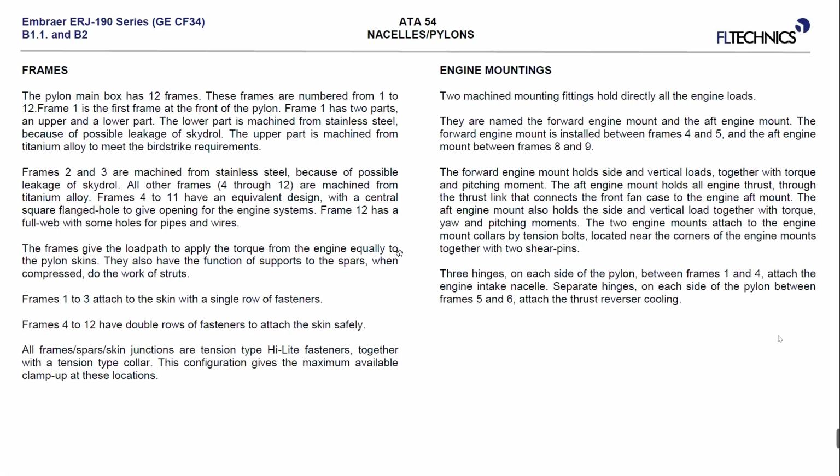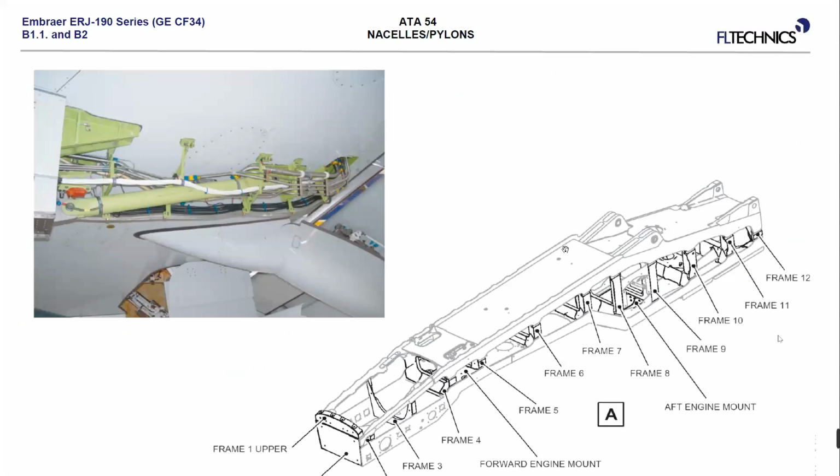We have 3 hinges on each side of the Pi1 between frames 1 and 4, which are attaching the engine intake nacelle. We have separate hinges on each side of the Pi1 between 5 and 6, which are for the thrust reverser cowling. The Pi1 is also a structural element which keeps the loads from the fan cowls and the thrust reverser cowls when they are open for maintenance.